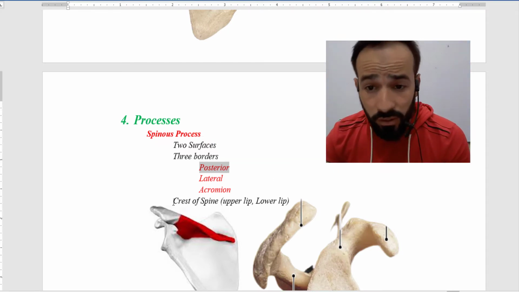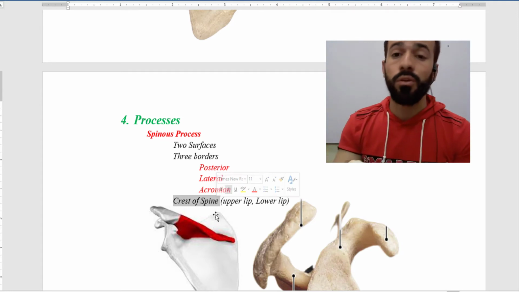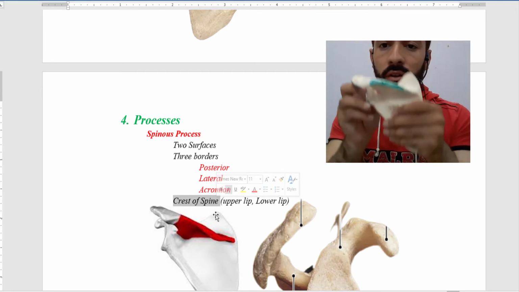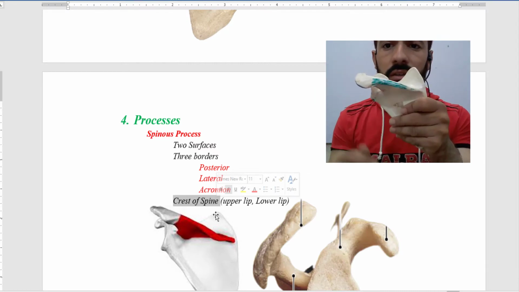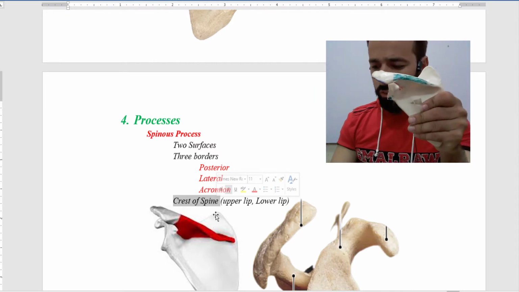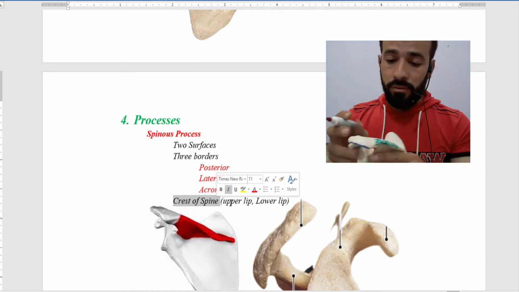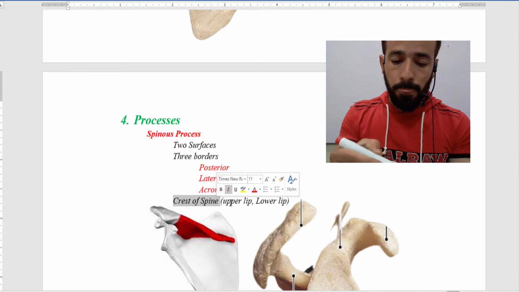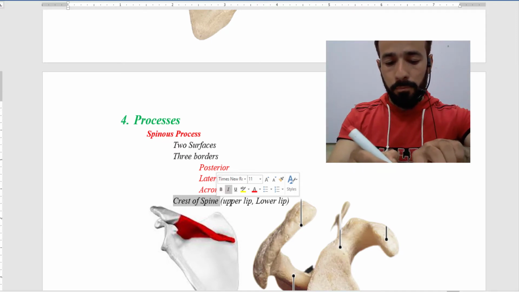This spinous process has a crest, which is called the crest of the spine. With the blue or green color I have marked here, this is the crest of the spine, and it has two lips: an upper lip and a lower lip.